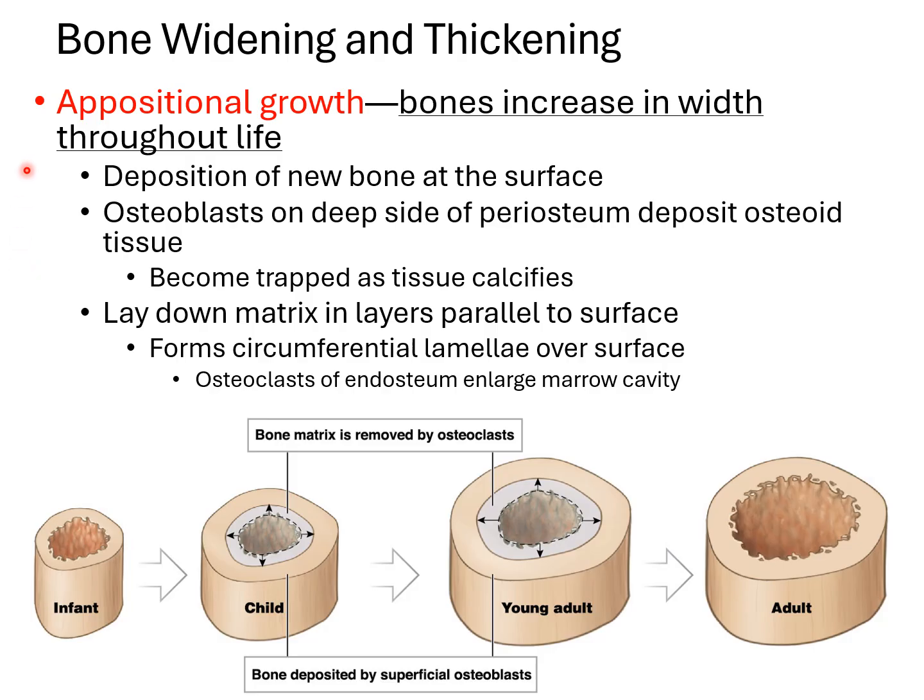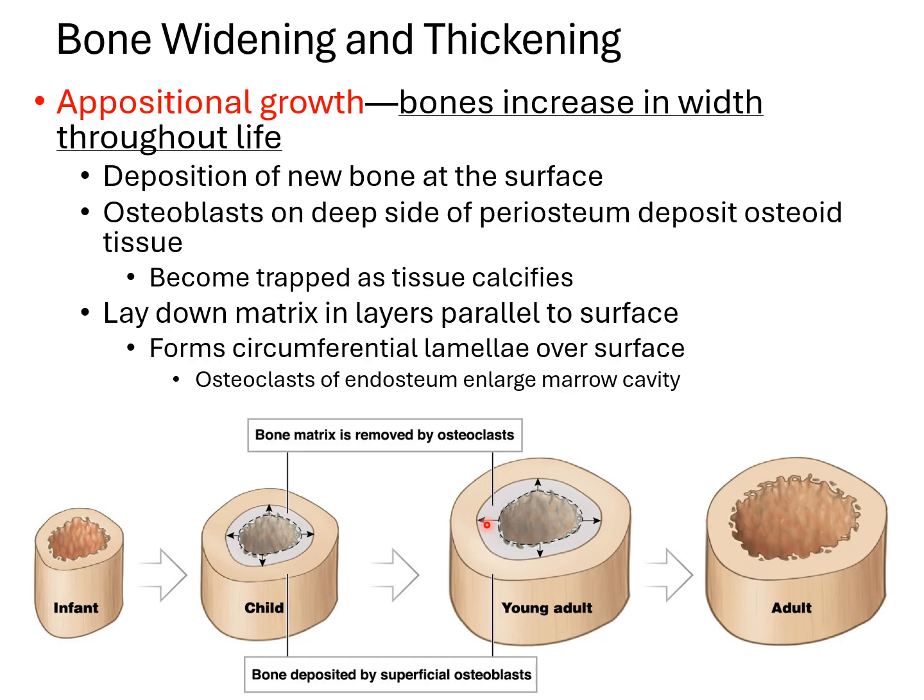The other one: now we don't want to grow in length, we want to grow in width. And this is going to be widening or thickening, and that's appositional growth. And this is going to be throughout our entire life. You might be a child, young adult, or an adult, and what's happening here is you're trying to make sure your bones are going to be able to hold the weight or the stress in different activities.